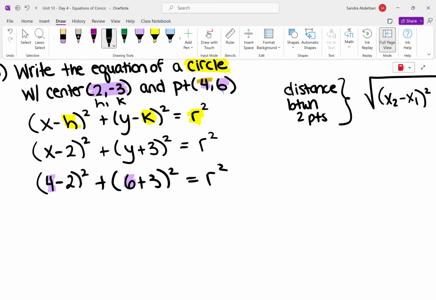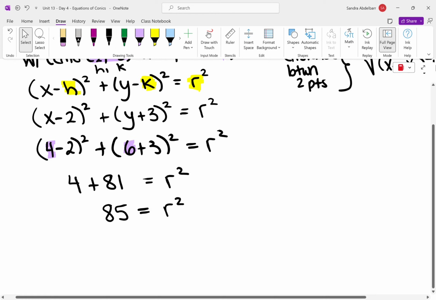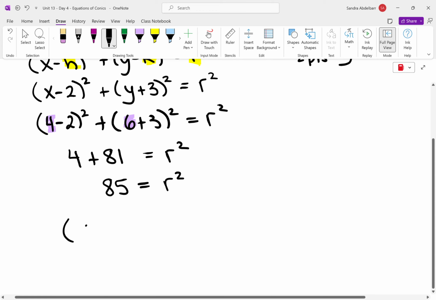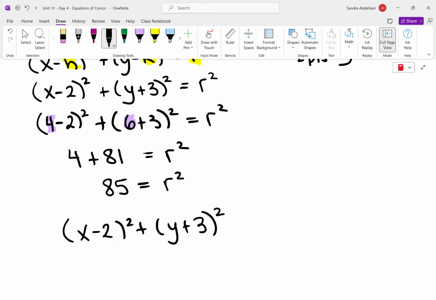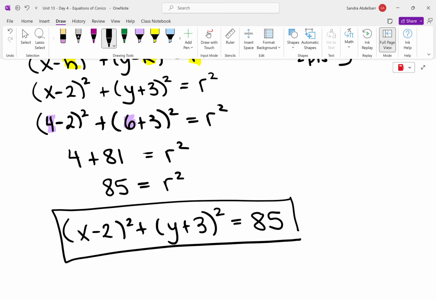So now we have 4 plus 81 equals r squared, so 85 is equal to r squared. Do I need to square root? No, because I don't need r. What do I need? r squared. So now we just plug back in: x minus 2 squared plus the quantity of y plus 3 squared equals 85, and this is the equation of the circle.